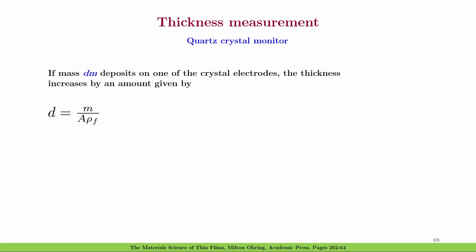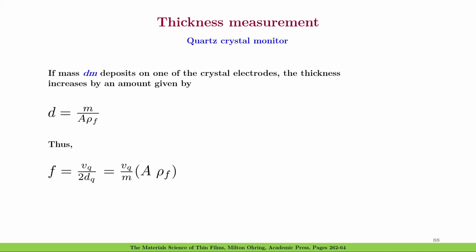If a mass dm deposits on one of the crystal electrodes, the thickness increases by an amount given by d equal to m over A times ρf. When we substitute for d in the expression for f, we have f equal to Vq over 2 times dq, so this is equal to Vq over m times A ρf.